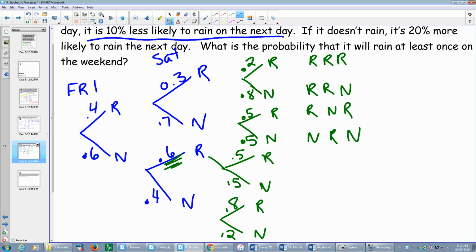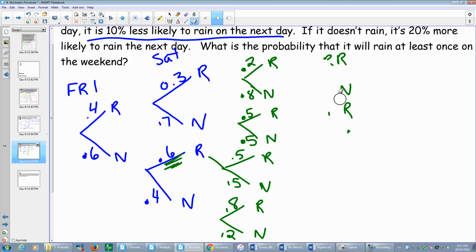Oh, did I miss one? 1, 2, 3, 4. Rain. Oh, I have to do this.